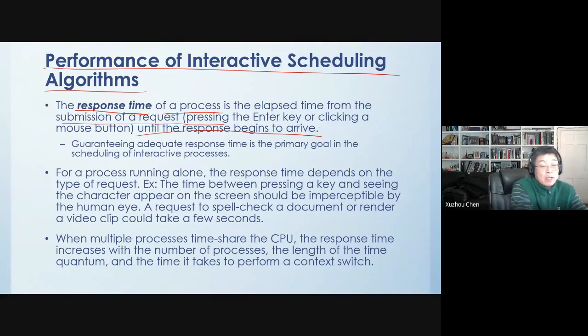In that case, the response time is pretty quick. Once you submit the process, it's always put in a high priority, so it will be treated very quickly. But the completion time may not be that short, because it depends on the total CPU time for the process.